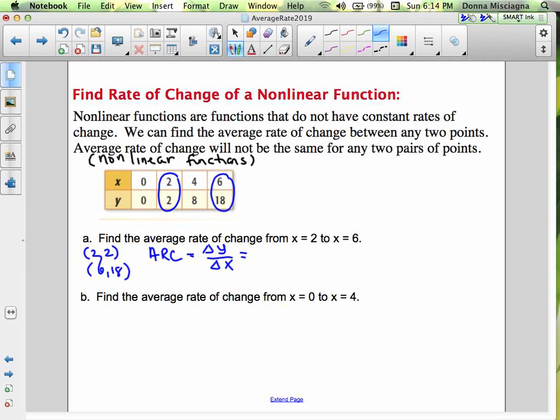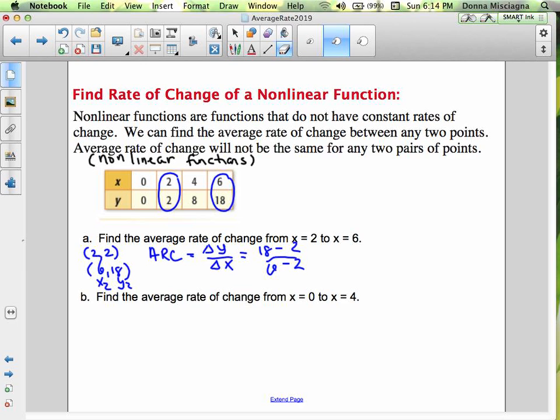So we're going to take the difference in the y coordinates. It doesn't matter who I start with, but if I start with 18, then I need to make sure that we start with 6 for the x, the difference in the x coordinates. So this would be 18 minus 2, difference in the y's, and then 6 minus 2.